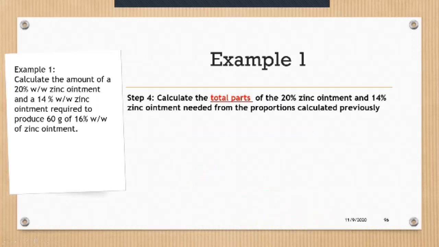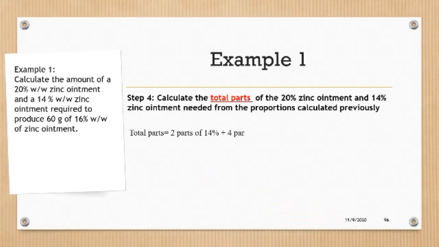So what does this mean? You now need to convert those parts to actual values, because you need to determine now what does 2 parts of 20% zinc oxide look like, and what does the 4 parts of the 14% look like. So in order to do that, we need to make some statements.